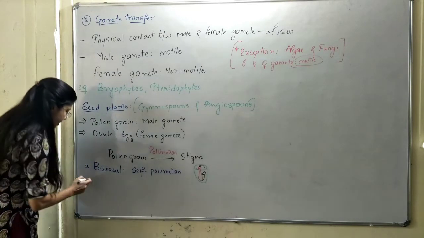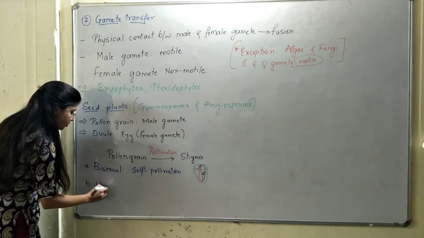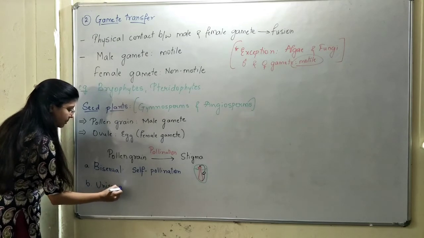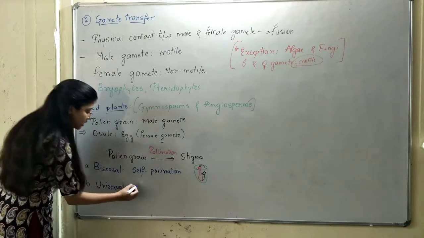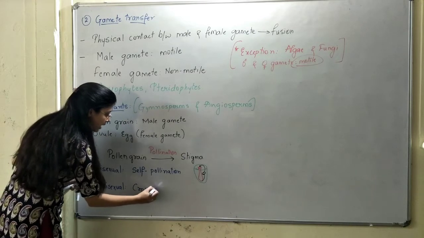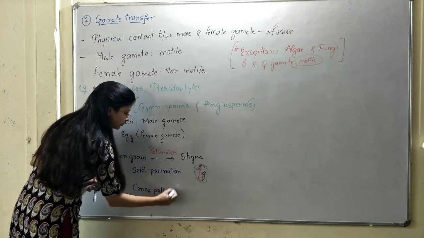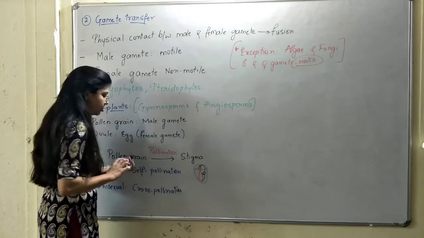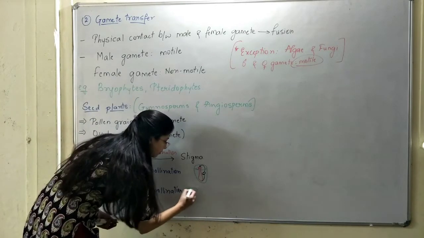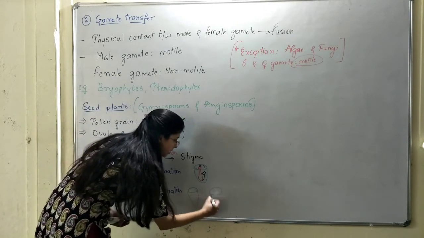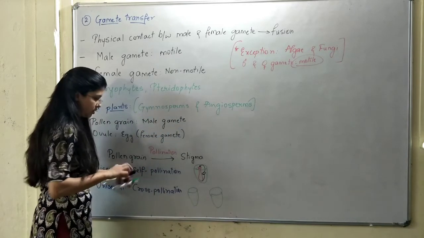Self-pollination. Whereas if the flowers are unisexual, that means the male and female flowers are separate, then that process is called cross-pollination. What is going to happen in that case? The male flower is separate and the female flower is separate.